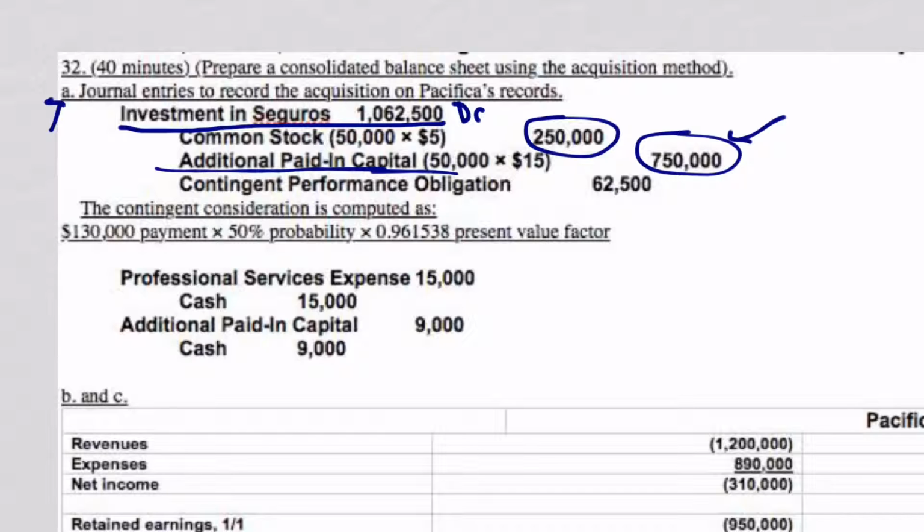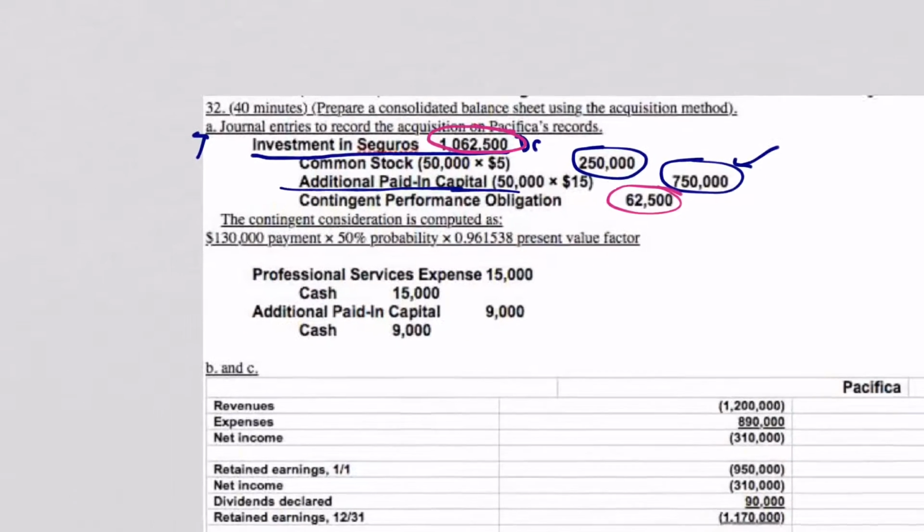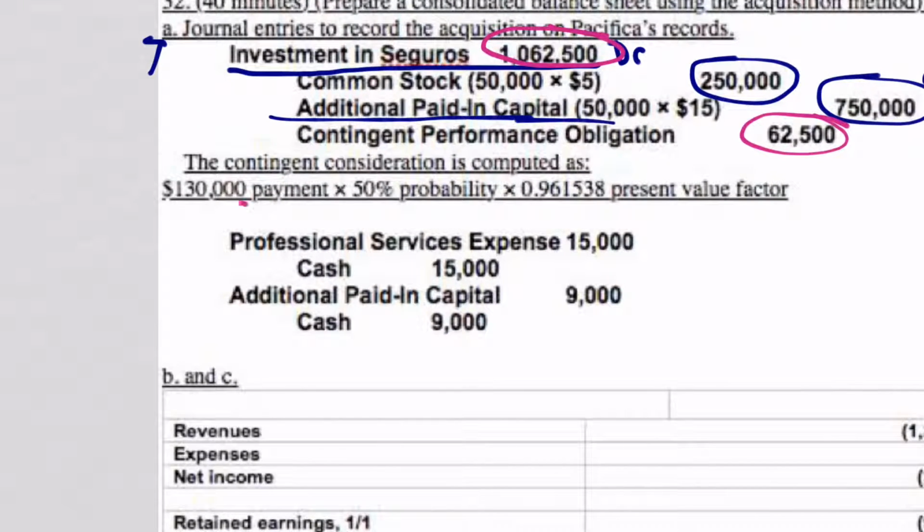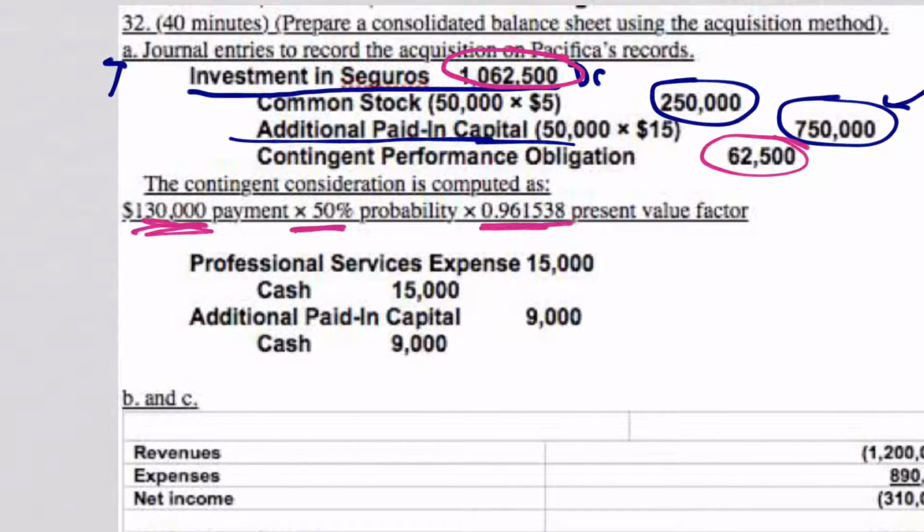The contingent performance obligation is also part of the purchase price in this case, and you can see that if you go back to the debit for the investment, this represents the $1 million of the stock given plus the value of the contingency. How did they get to that? They took the contingency payment times 50% times the present value factor, and they got $62,500.